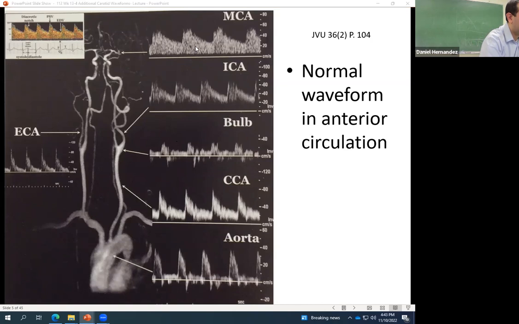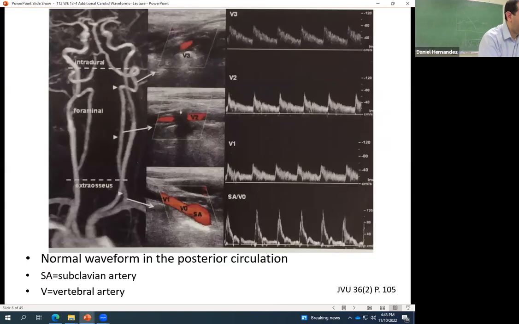Then our ECA waveform, with sharp peaks and a deep dicrotic notch. This is a normal posterior circulation for the vertebral artery. There's the subclavian artery right at the origin, then the V1 segment of the vertebral artery, V2, V3, working our way up.